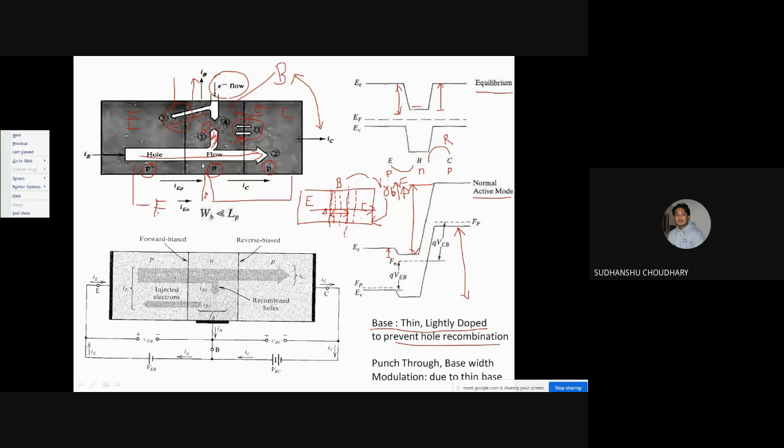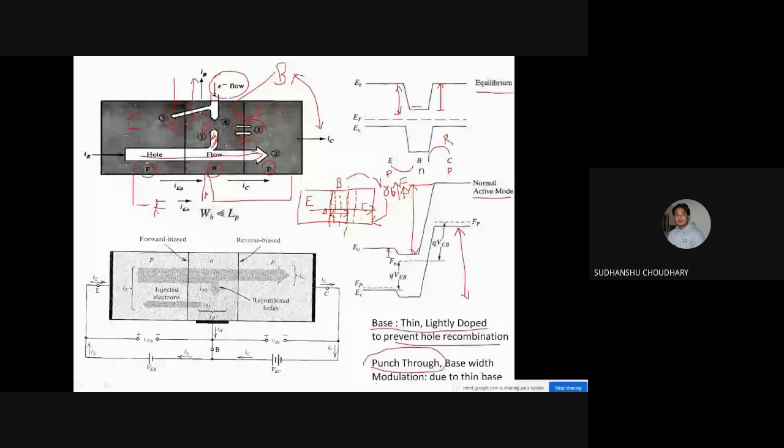No recombination at all. So in this case, the collector current should increase. This effect, where the holes are moving through the depletion region, is also called the punch through effect, or the base width modulation effect due to thin base.